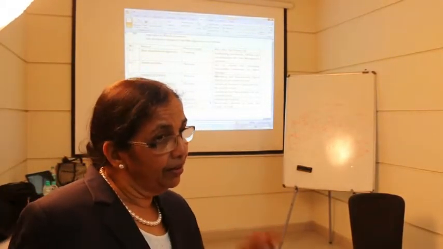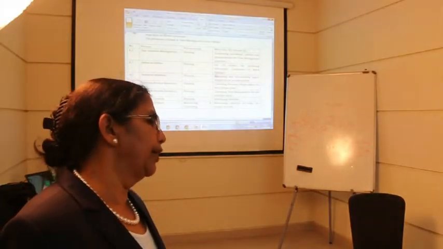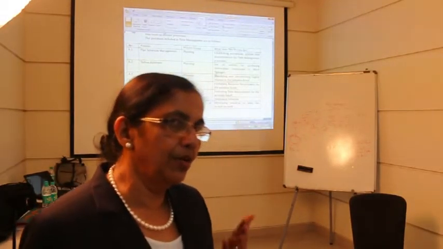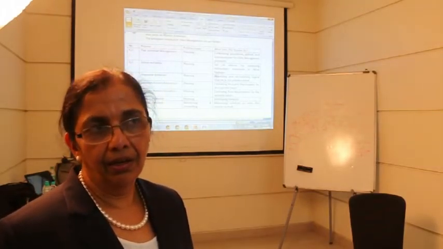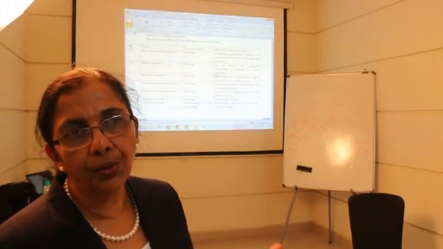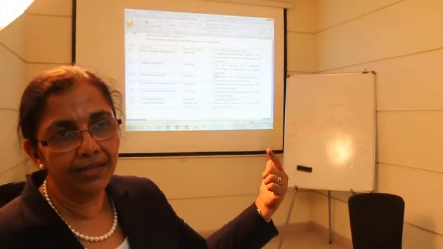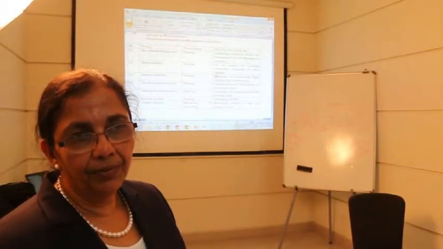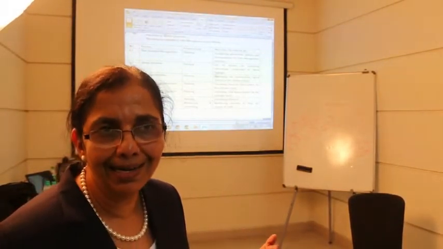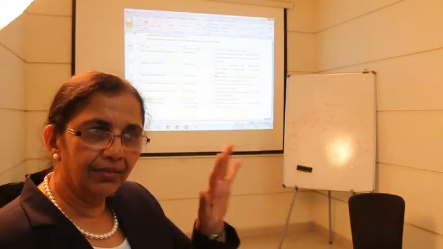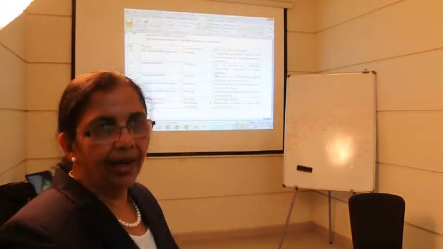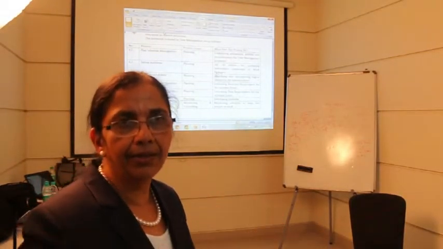Once that is done, you will try and find out how many resources you are going to put for each activity. Okay, maybe you require 10 resources on one activity so that it finishes in 10 days. So you decide if you have 10 resources, okay, otherwise you will use 5 resources and complete the activity in 20 days.